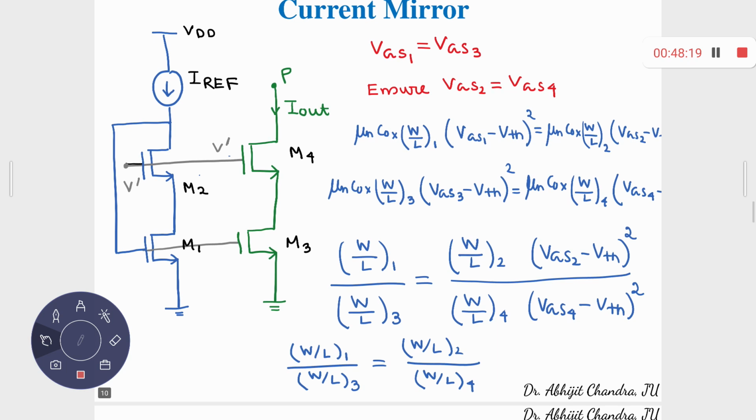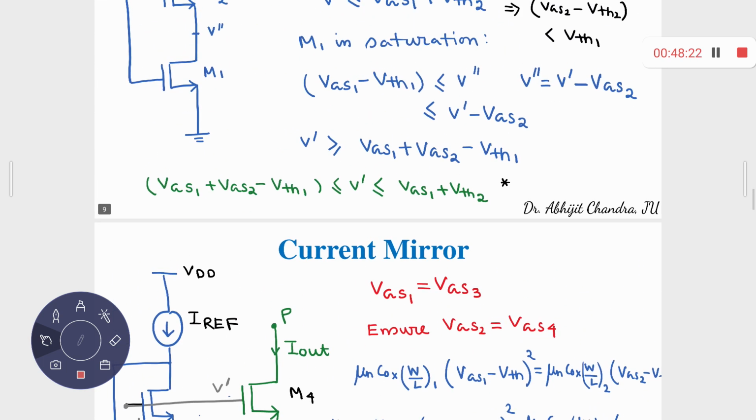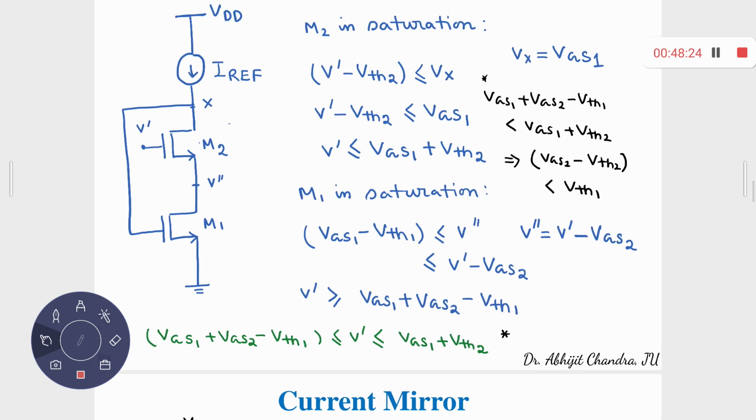That circuit you already observed. I have told you this is a part of the circuit. So this is basically your copying circuit, and then you have this I out circuit, I mean the copied circuit. This one and this one.